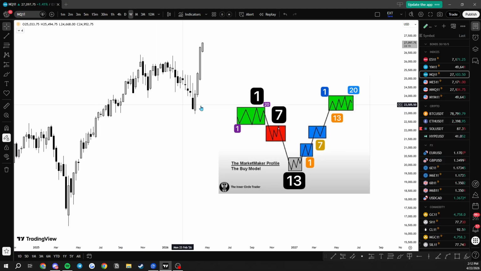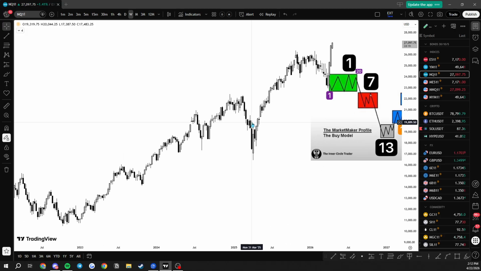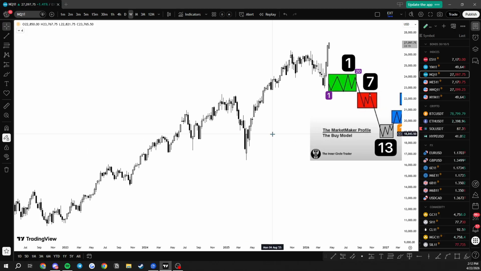So a long time ago, back around here, I made a post essentially foreshadowing that I think this is accumulation, this is manipulation, this is distribution.